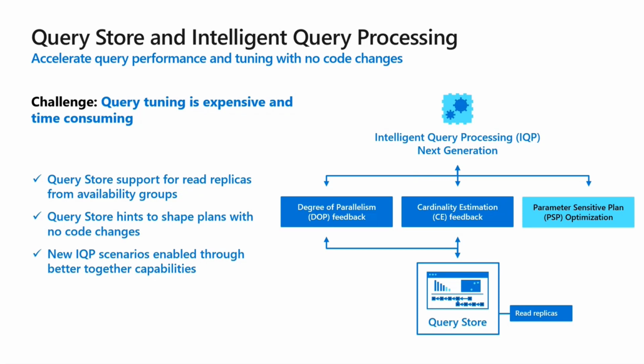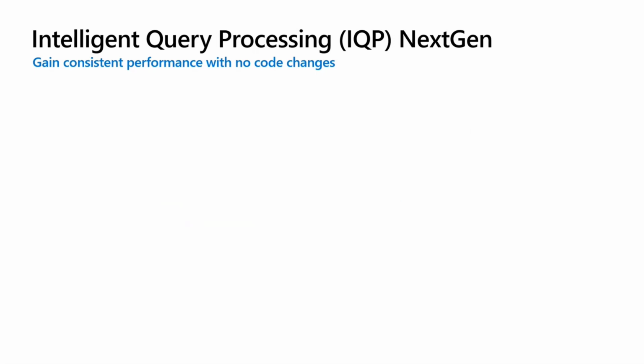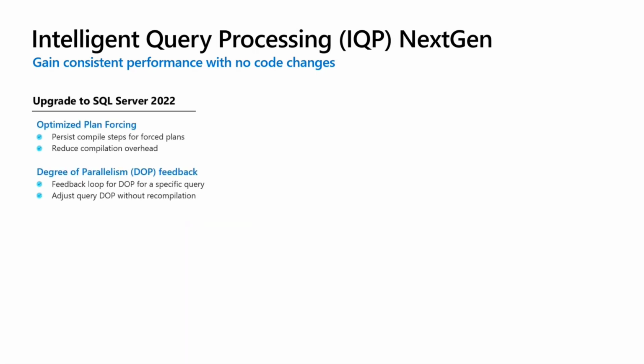And then there is another thing that you see there, which is parameter-sensitive plan optimization. We will talk about it in a second. So how can we take advantage of CE feedback and DOP feedback?